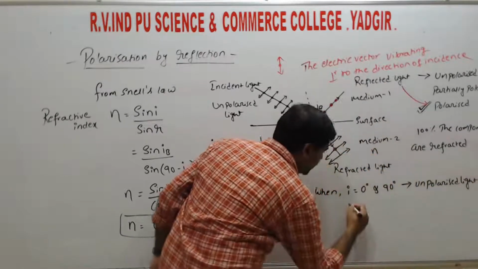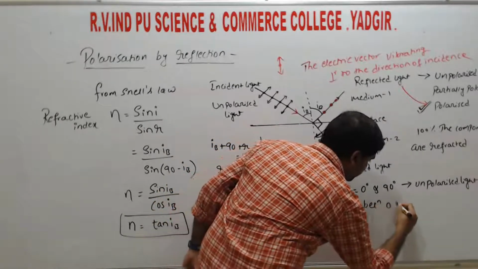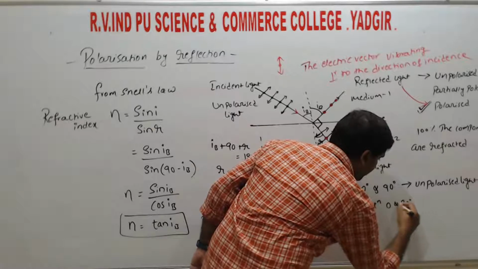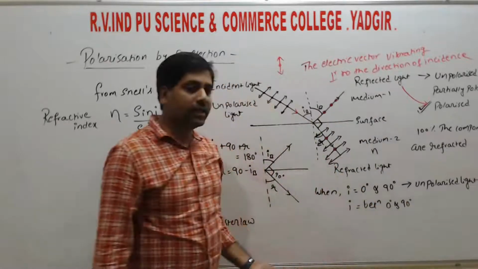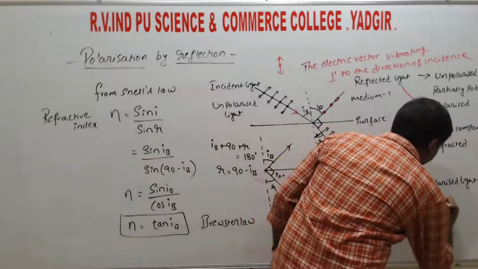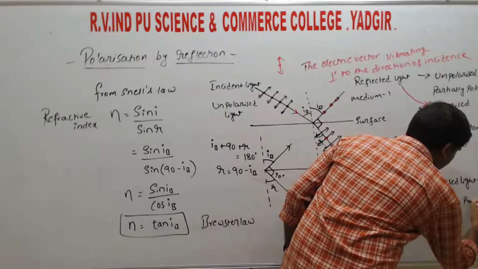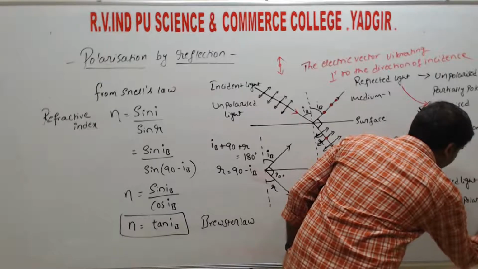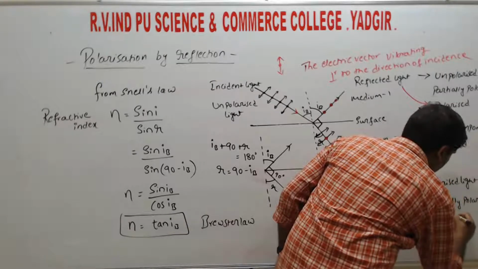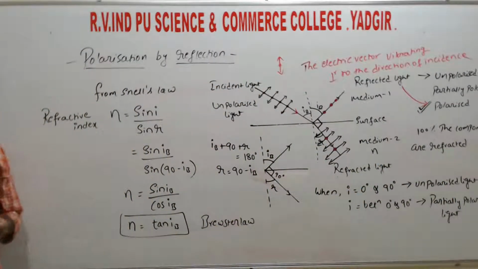For the angle of incidence between 0 and 90 degree, we get partially polarized light, right?